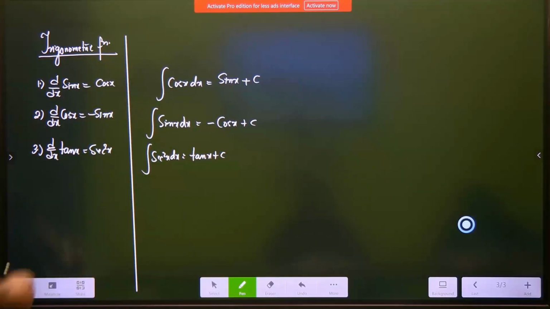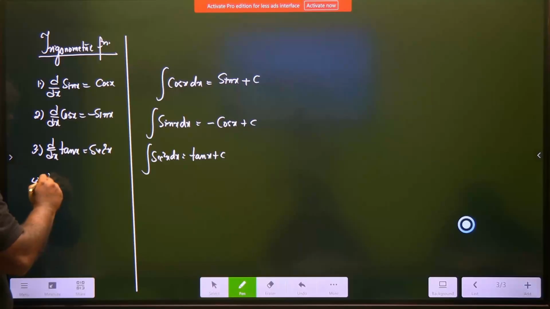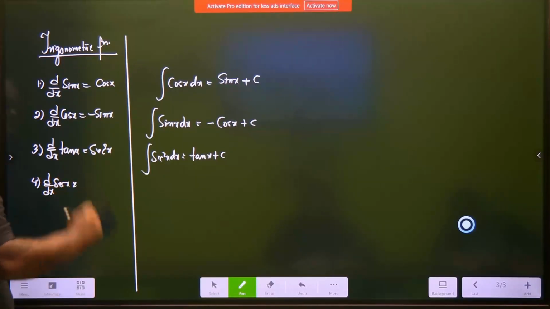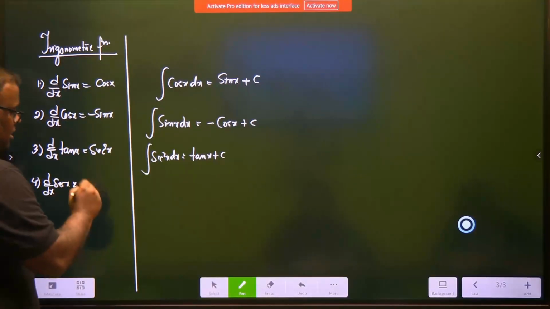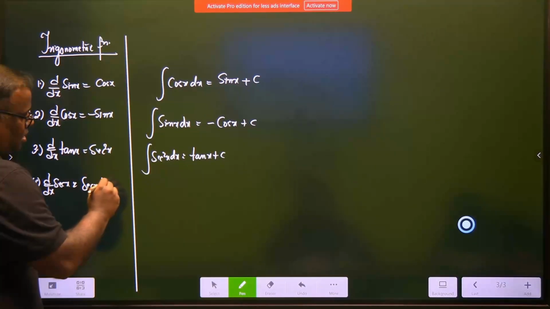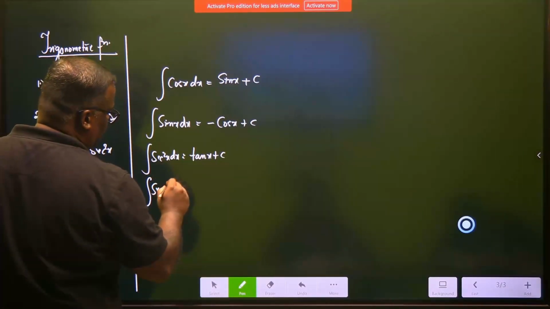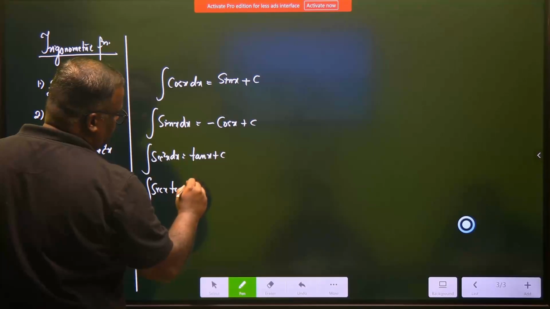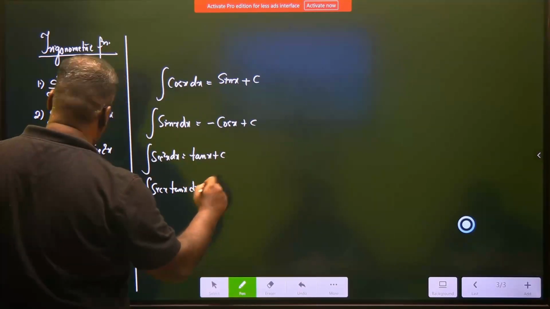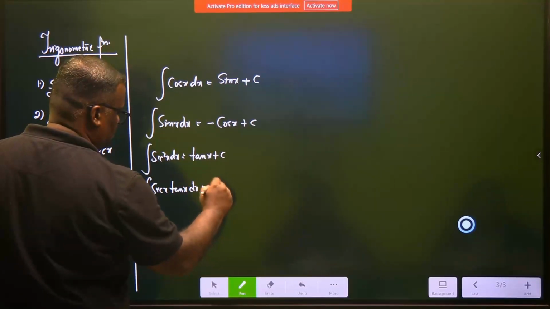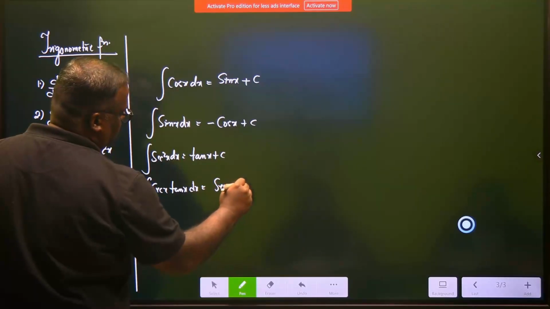Okay? 4. d/dx of sec x. What is it? Sec x tan x. Okay. Sec x tan x. This will be the integral of sec x tan x dx is equal to sec x plus c.